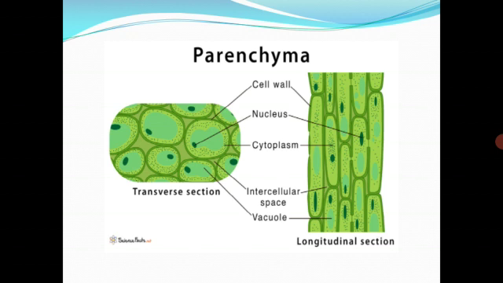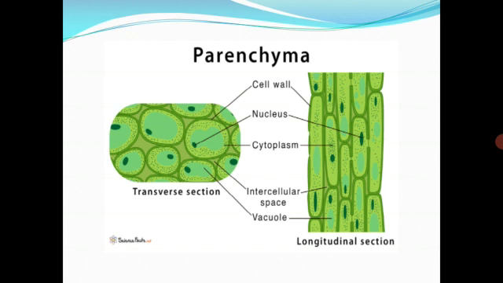Aerenchyma is nothing but parenchyma cells having large intercellular spaces filled with air that gives buoyancy. Buoyancy is the ability to float in hydrophytic plants. Whereas chlorenchyma, again a type of parenchyma, contains chlorophyll pigment which helps in photosynthesis. So that was about parenchyma.